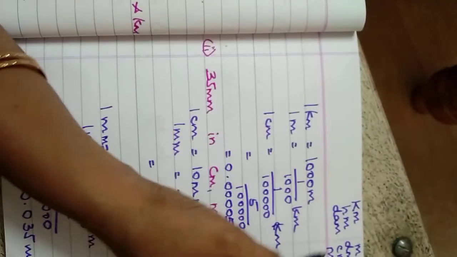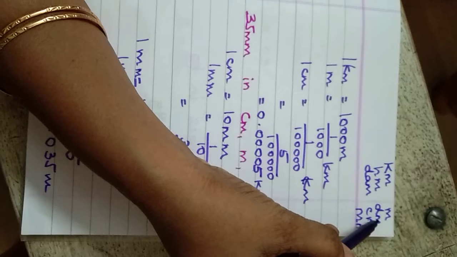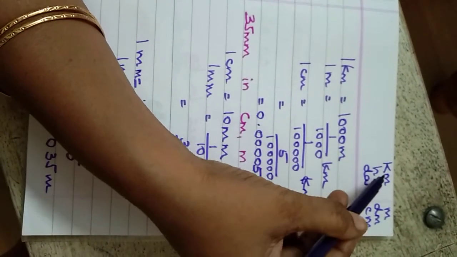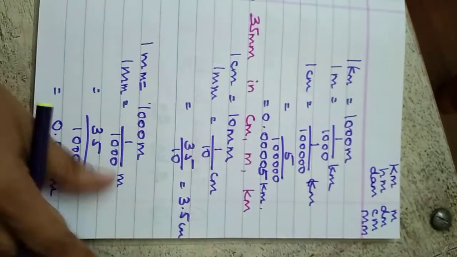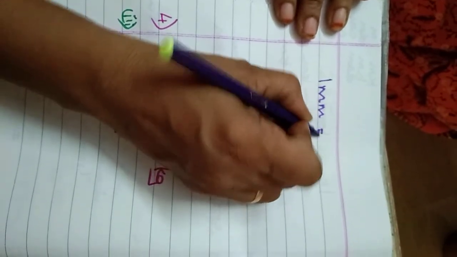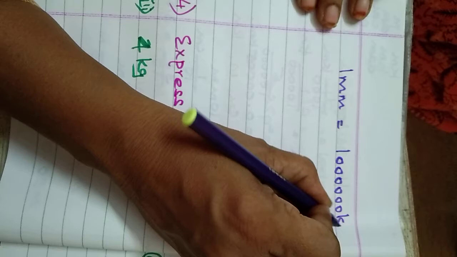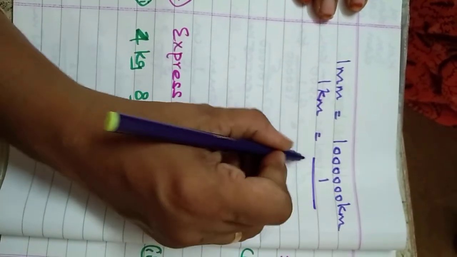Now, how many millimeter is a kilometer, we have to see. So 10, 100, 1000, 10,000. You have to count: 1, 2, 3, 4, 5, 6. So 1 millimeter is equal to 1 by 1 followed by 6 zeros, kilometer.